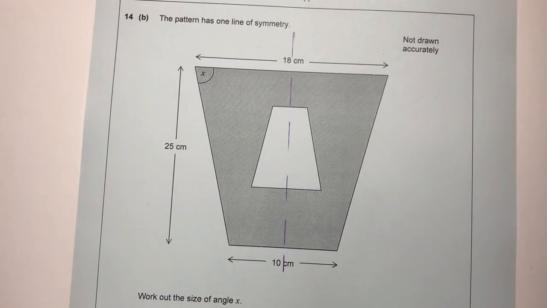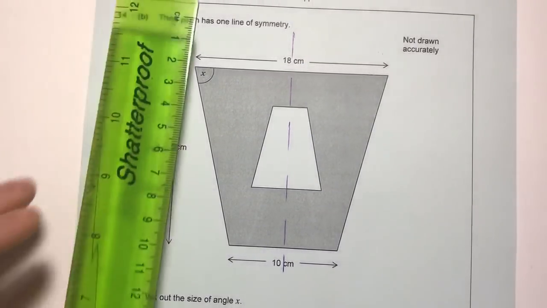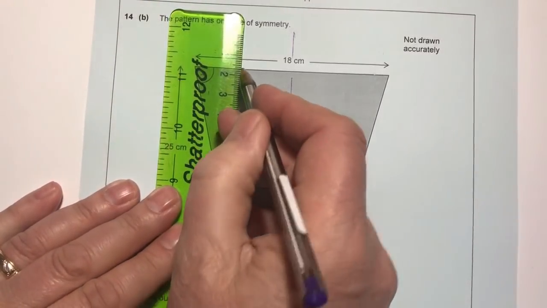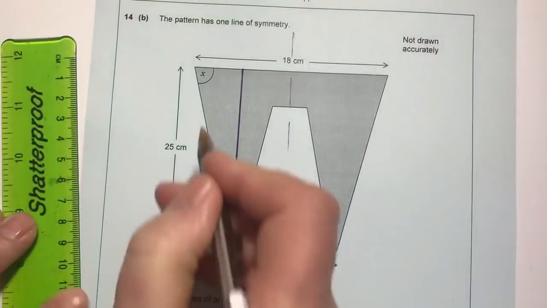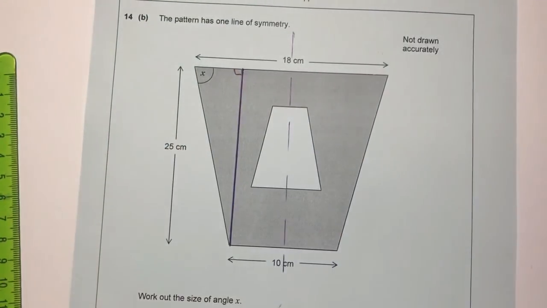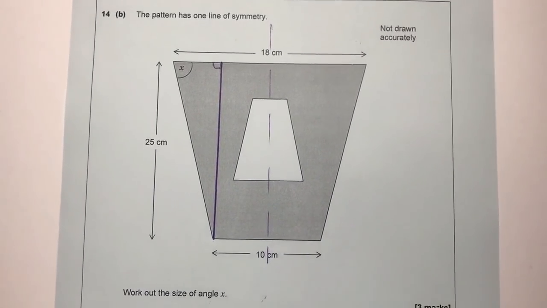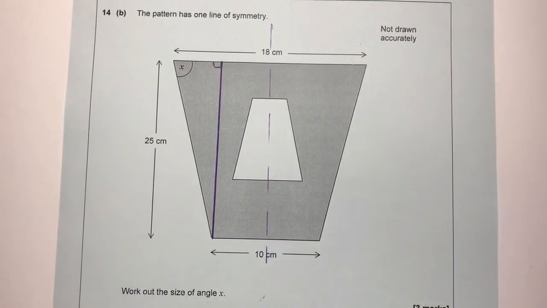We just need to be able to work it through, because actually it's a SOHCAHTOA question, because what I can do is if I draw along here, it allows me to form a right angle triangle. Okay, so if I form that right angle triangle, I can then use that in order to answer this particular question.